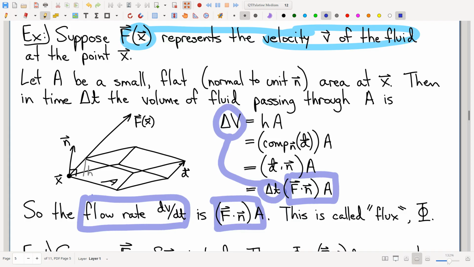And so what we have here is a differential amount of volume, differential in the sense that we're thinking about how much volume passes through in some differential amount of time, delta T. So the idea is we're thinking of delta T as being small, and we're doing linear approximations only, assuming everything's constant, and just making a simple estimate of what we call a differential amount of volume. So it doesn't represent a change. Okay. How we doing?